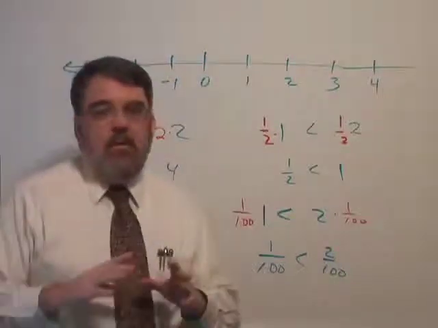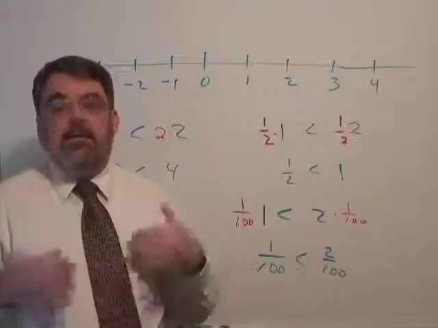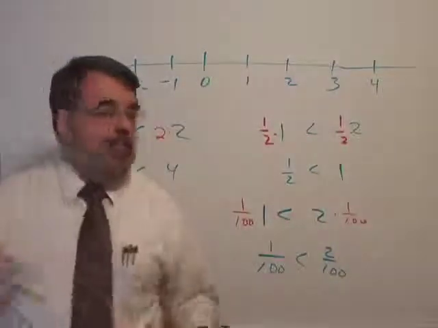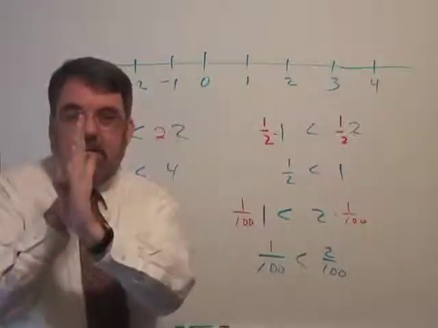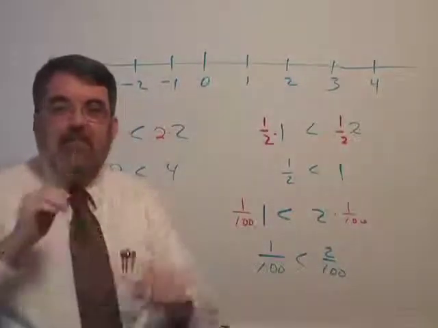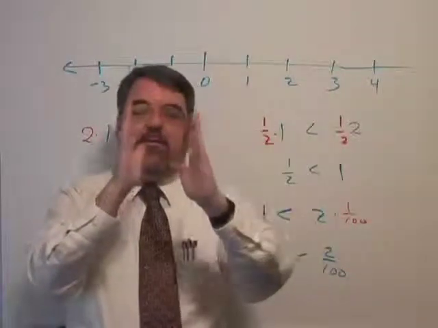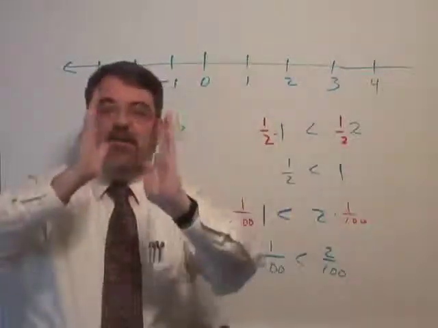So either multiplying by a very small number like 1/100th or dividing by 100 compresses them very closely together. If I were to multiply by 0, what would happen? That would bring them right together at 0. And so as I multiply by smaller and smaller numbers, these two quantities get closer and closer as a compression.